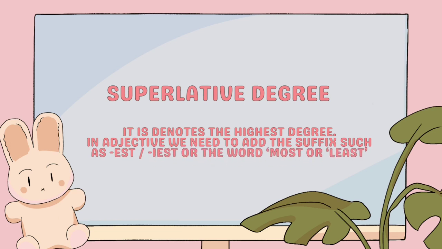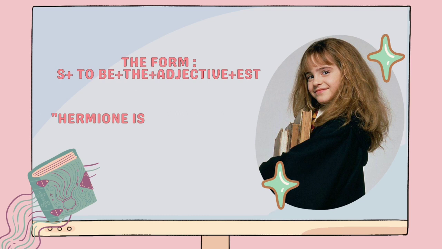In adjectives, we need to add the suffix such as est or iest or the words most or least. Let's see the form. Subject plus to be plus the plus adjective plus est. For example, Hermione is the smartest student in her class.